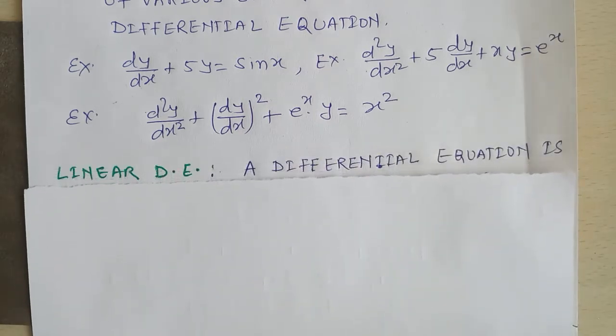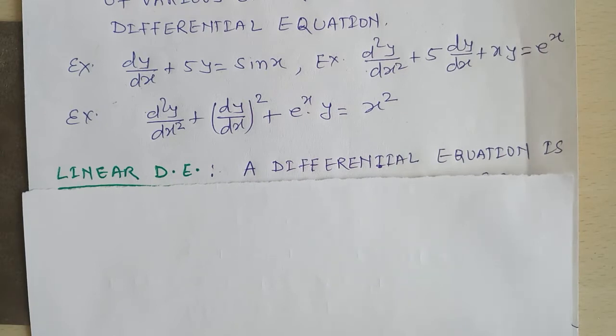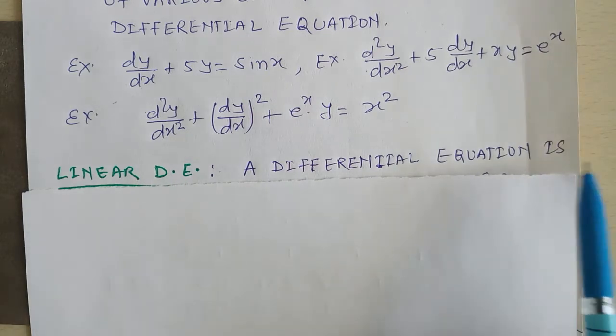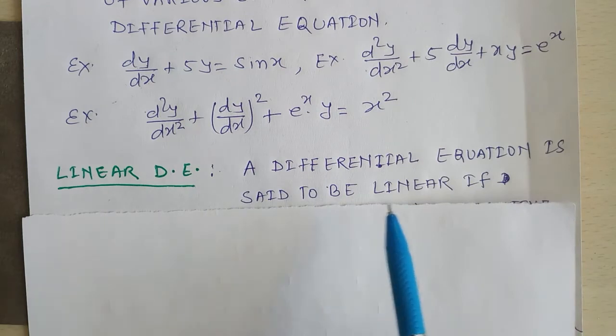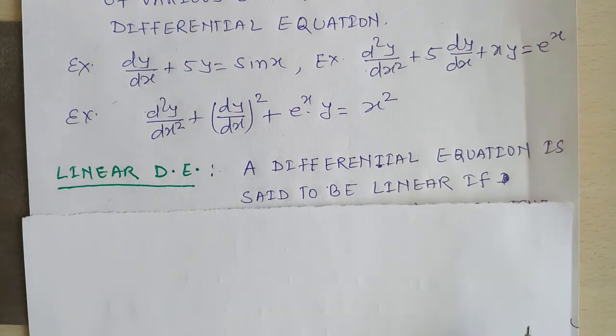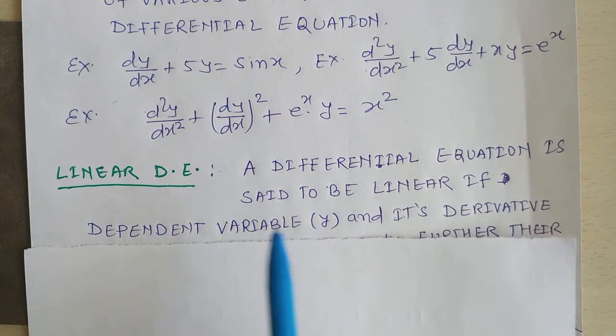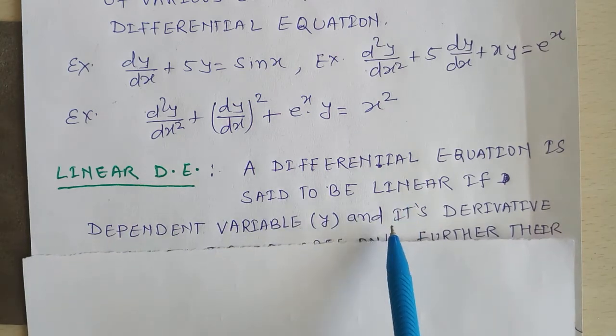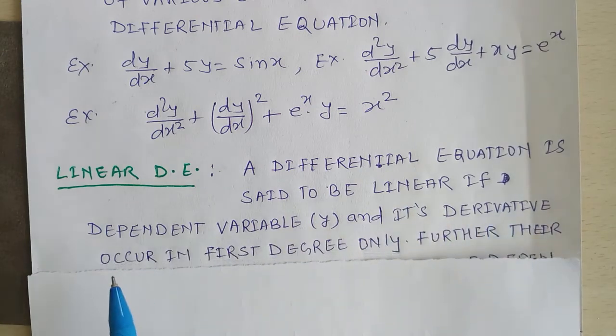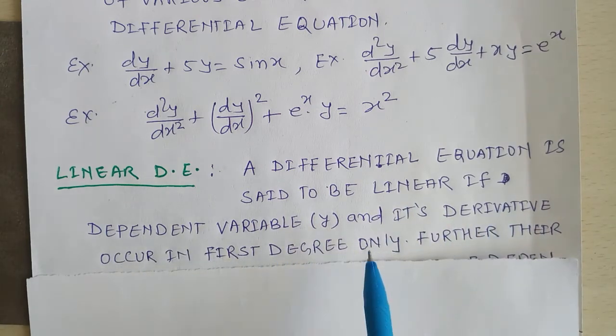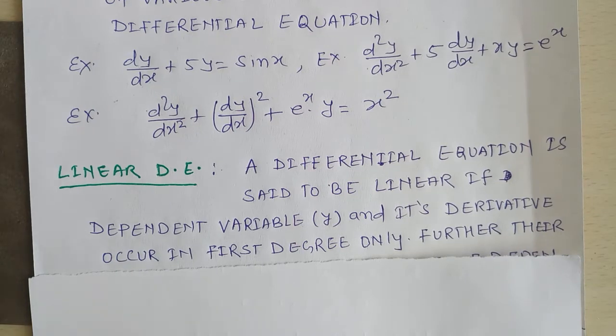A differential equation is said to be linear if the dependent variable, generally we write y, and its derivatives occur in first degree only, that is, the dependent variable and all its derivatives occurring in the differential equation have power 1.